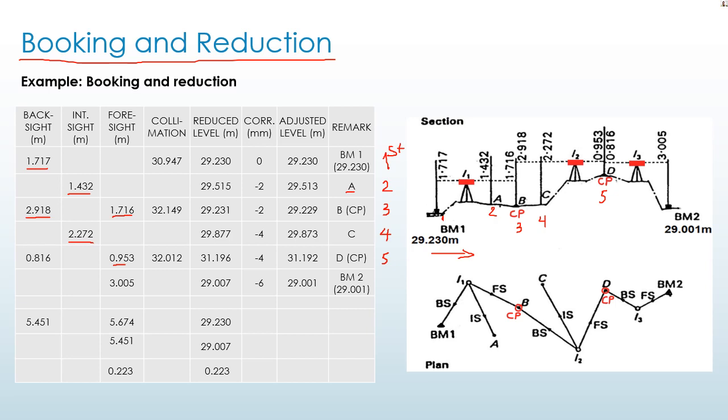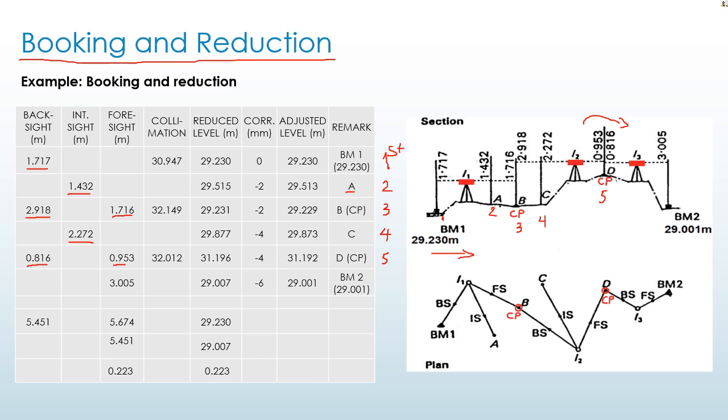Then you keep the staff at point D, you move your instrument to a new setup, and you take the backsight reading again at point D. So you have both backsight and foresight readings at a change point.